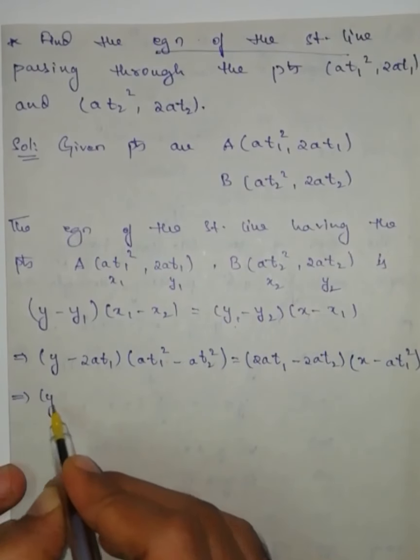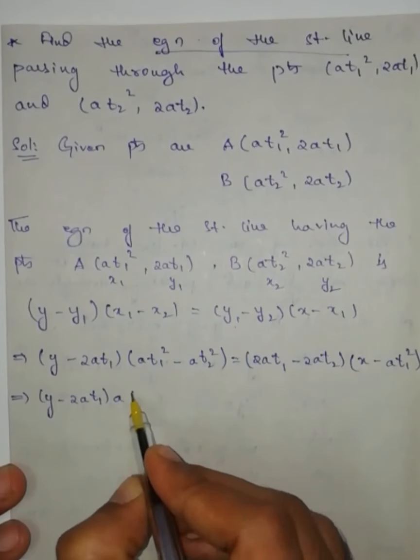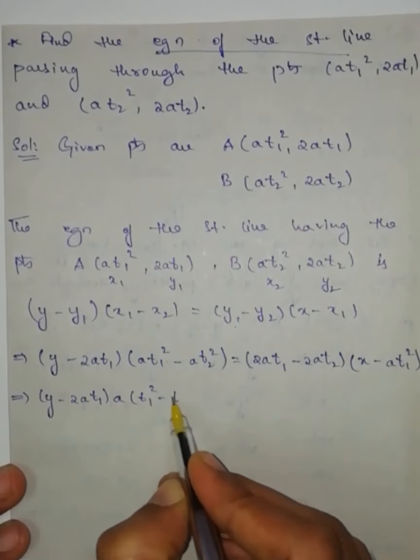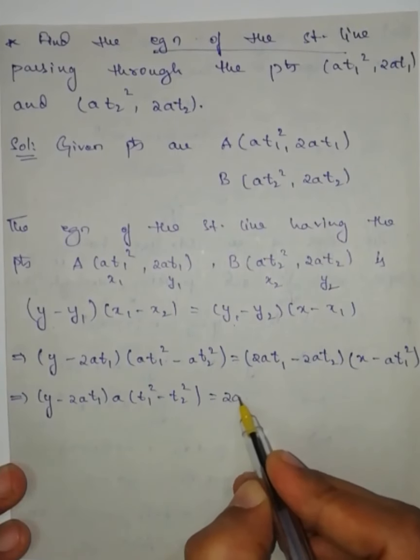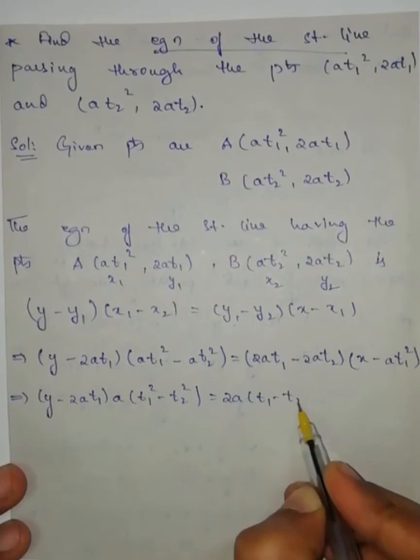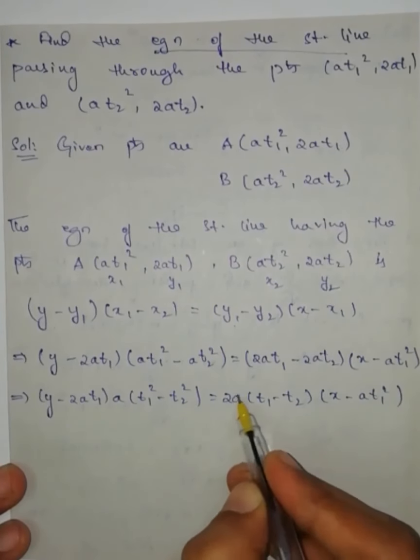This implies y minus 2a t1. From this one I can take a common, t1 square minus t2 square. From this one I can take 2a common, t1 minus t2 into x minus a t1 square.